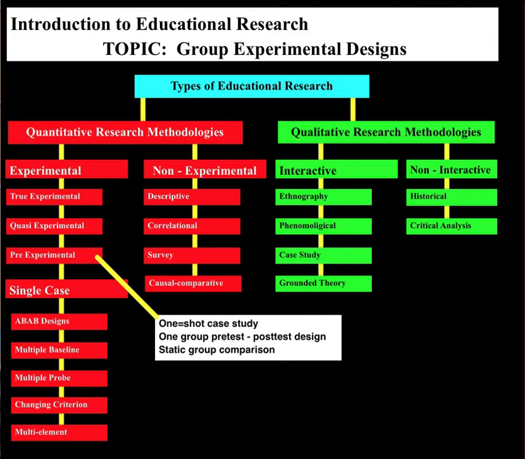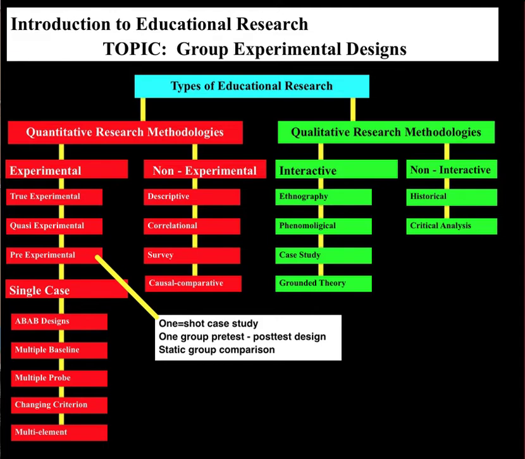So we have just covered the 3 designs, the one-shot case study, the one group pre-test post-test, and the static group. Although the 3 designs are of little use again to formal researchers because of their lack of control over the threats to internal and external validity, they may have some utility for you as classroom teachers.